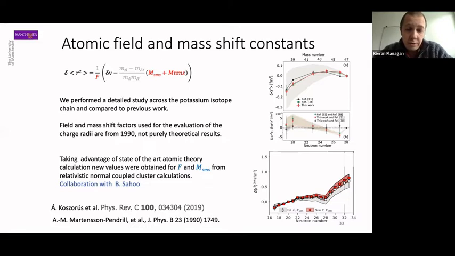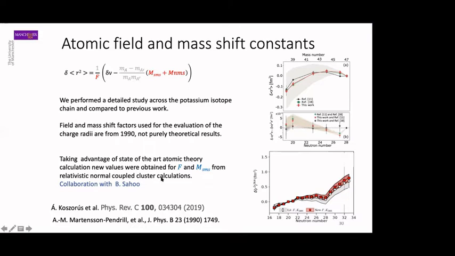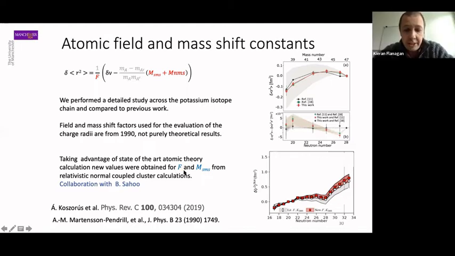So in order to improve the overall accuracy of the charge radii measurements that we extract, we performed a sequence of measurements right the way across the chain of potassium, and worked in collaboration with Sahu to perform coupled cluster calculations to extract F and M values with higher precision than we'd done before, allowing us to reevaluate and then produce the charge radius measurements with high confidence.